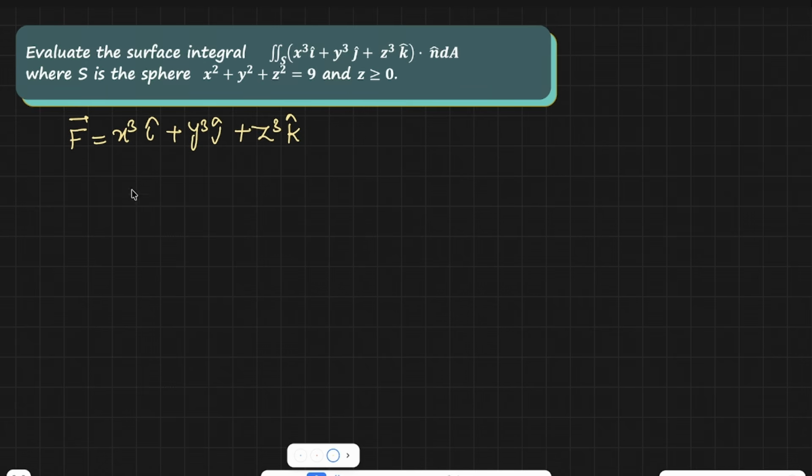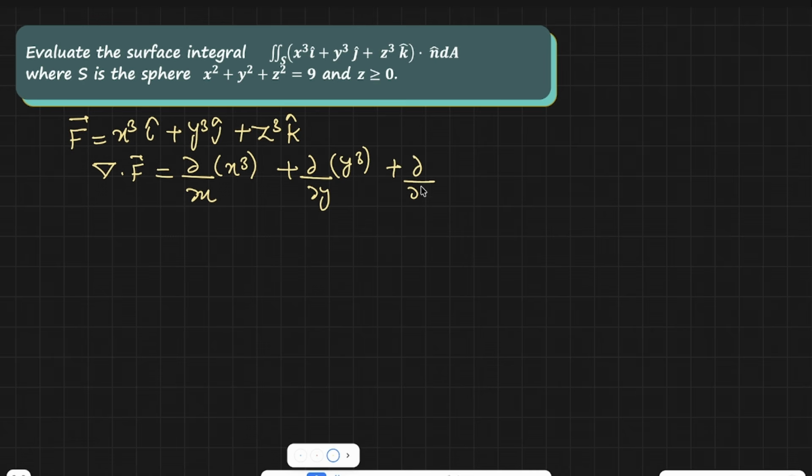Then find its divergence. The divergence is dou by dou x of x cube plus dou by dou y of y cube plus dou by dou z of z cube, which is 3x square plus 3y square plus 3z square.